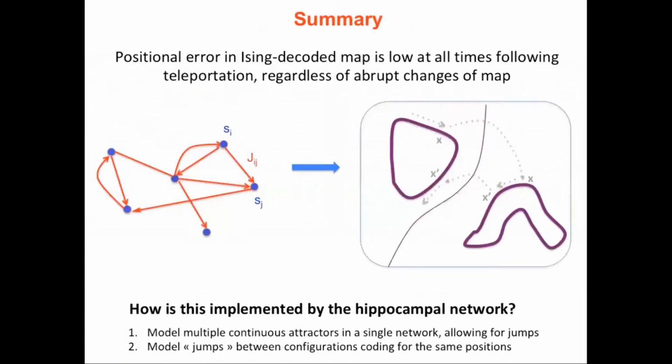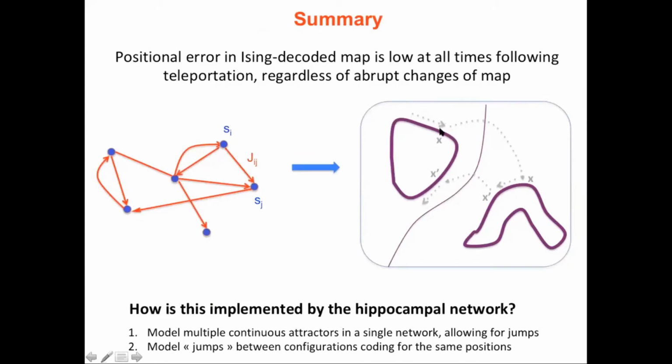So if I want to summarize what we have found, it seems that we have two attractors here, if I use the vocabulary we had yesterday. These two attractors correspond to box A and box B, and are expressed in the same network, the hippocampal network of the rat. Now, as the rat is moving, the collective coordinate along the first attractor, which corresponds to box A, for instance, is changing.